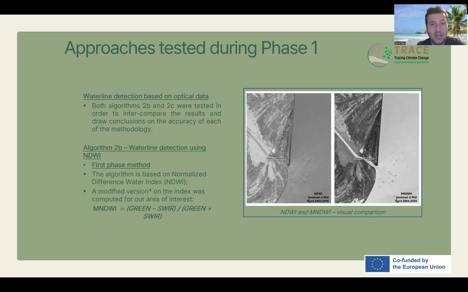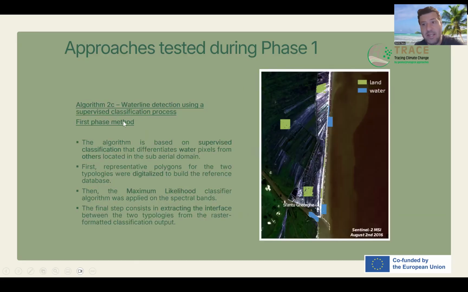The second approach that we tried to employ was the waterline detection using a supervised classification products. So basically, you train a model and you say to it that this is land, this is land, this is water, this is water, this is water, and afterwards it classifies the whole image into these two categories, land and water.